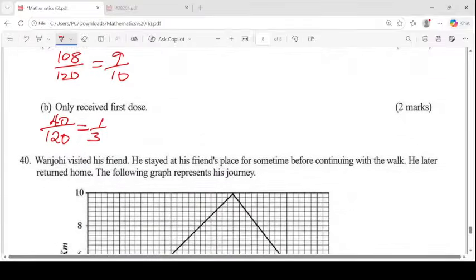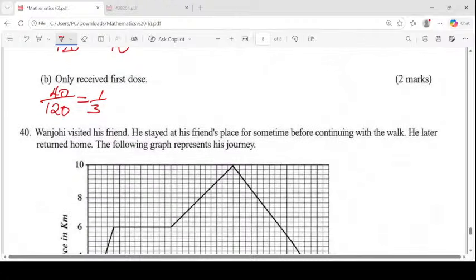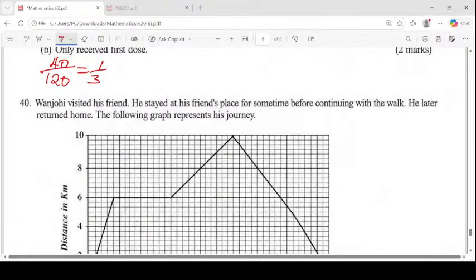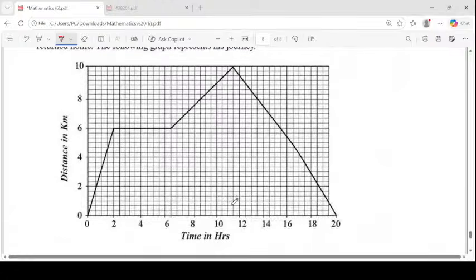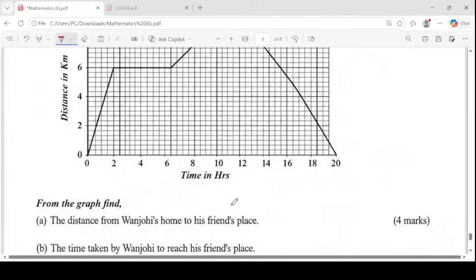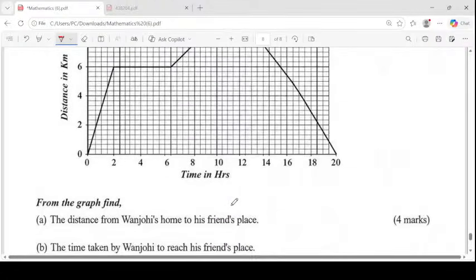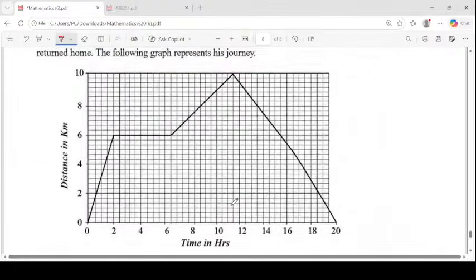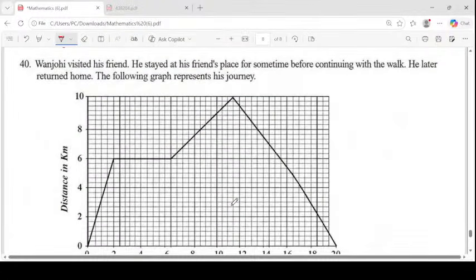Question number 40. Wanjohi visited his friend, stayed at his friend's place for some time before continuing with the walk. He later returned home. The following graph represents his journey. Determine the distance from Wanjohi's home to his friend's place. So look at it.